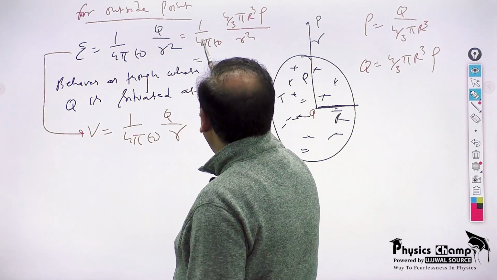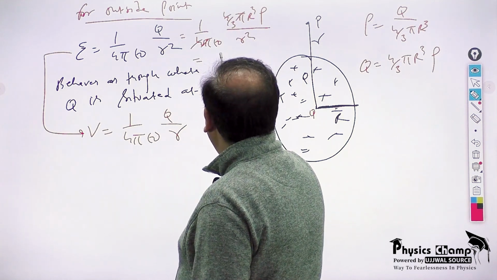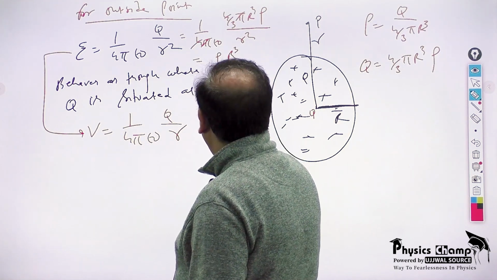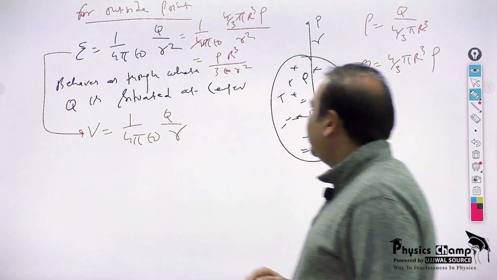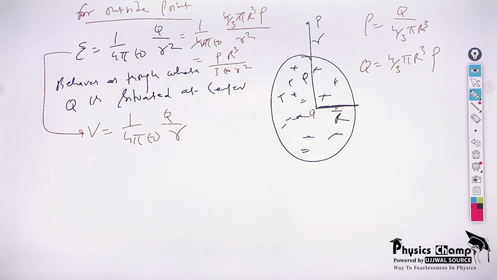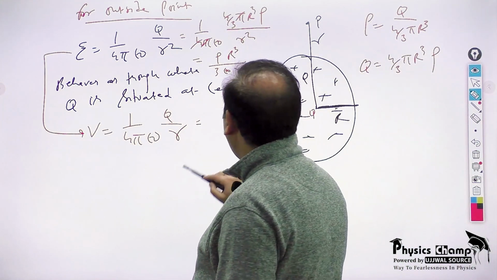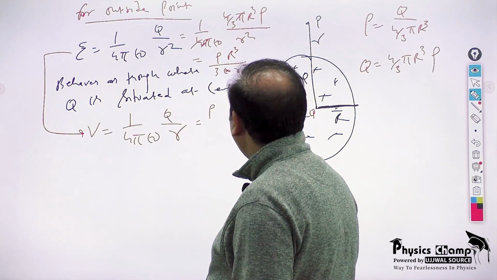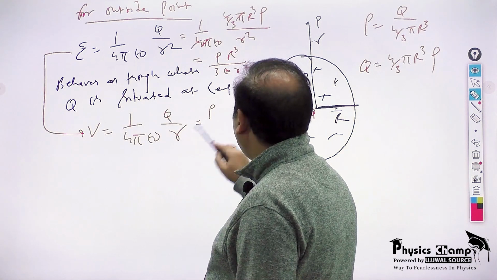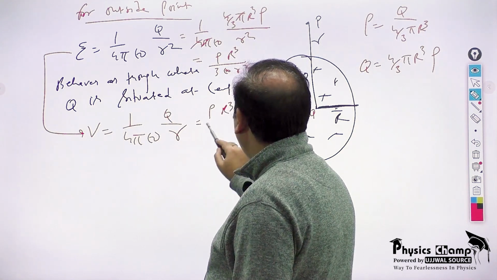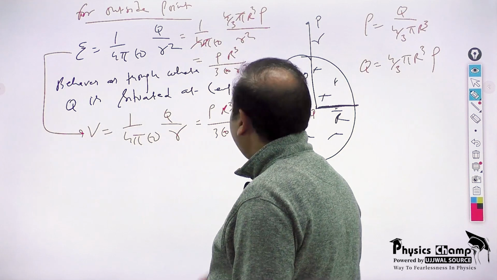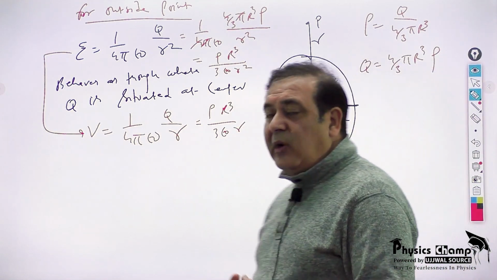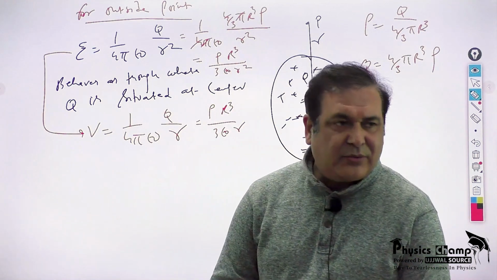So 4 pi gets cancelled, and you have rho R cube by 3 epsilon naught r square. And the electric potential can be written as rho R cube by 3 epsilon naught r. So in case you are interested to write in terms of volume charge density, you can write like that also.